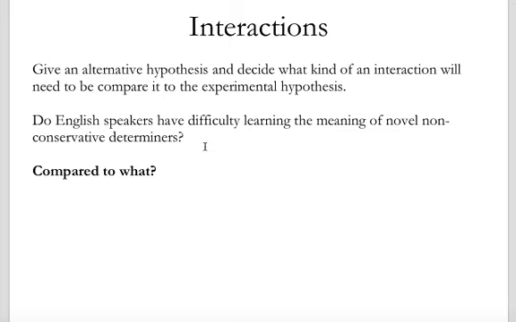Here's another one, learning, I mentioned as a construct. Do English speakers have difficulty learning the meaning of novel non-conservative determiners? Well, I suppose you could try some other paradigm that goes beyond learning their meanings. Maybe it would be like using ones that already exist. The problem there, again, is that there don't seem to exist any non-conservative determiners.